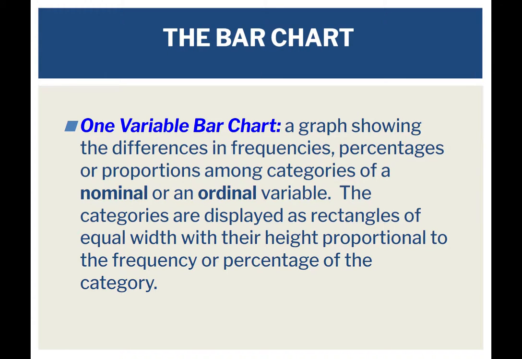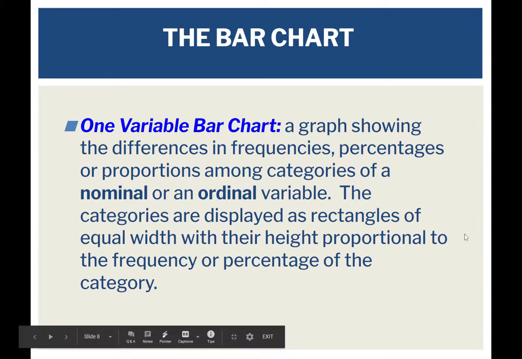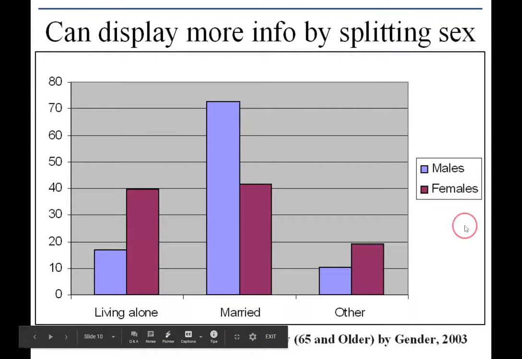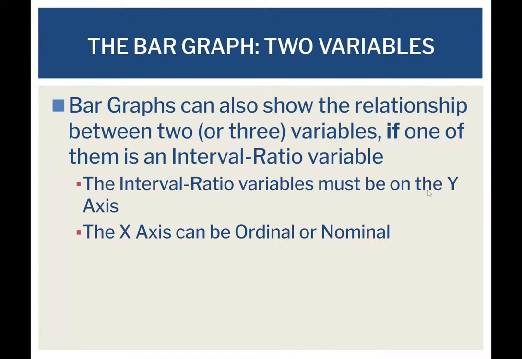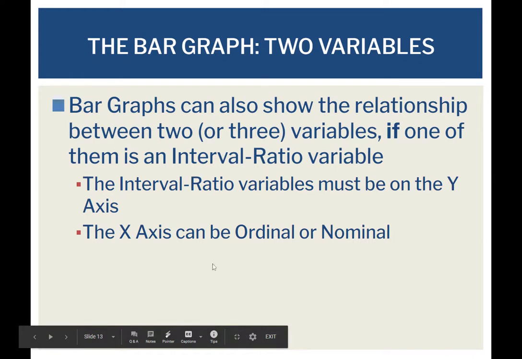And so I might say a histogram, a time series chart, a bar graph with two variables, or a pie chart, right? Well, the pie chart is the only one that you cannot use at all with an interval ratio variable by itself. So questions like that. Think about which ones you can use for which.